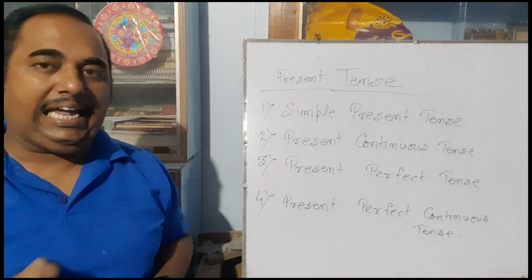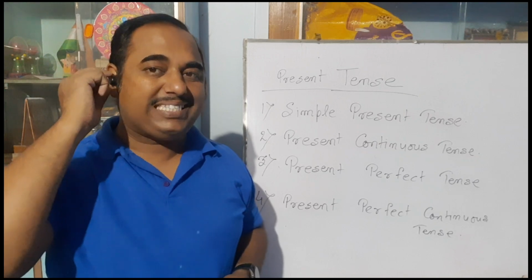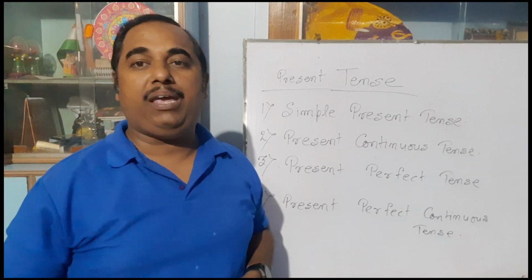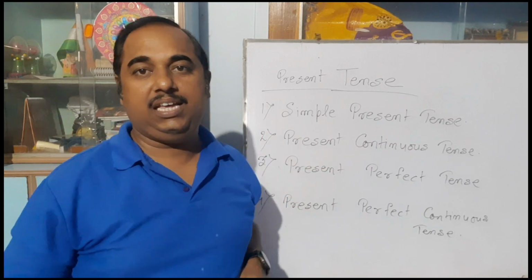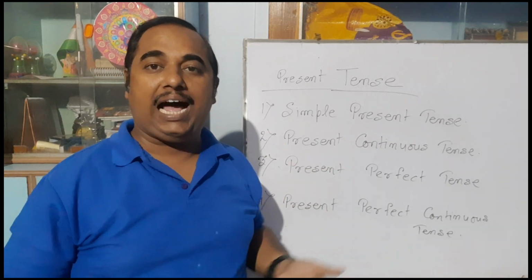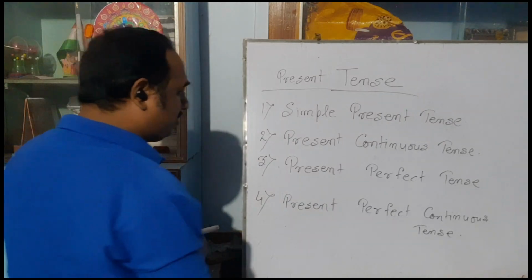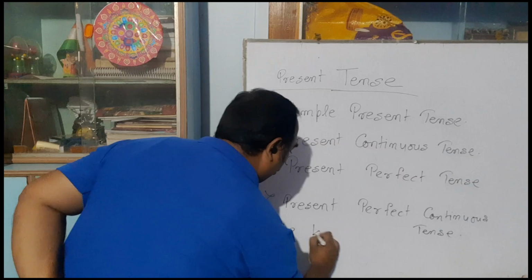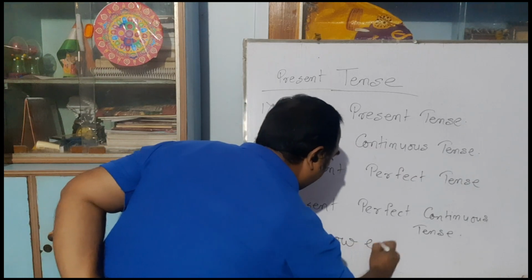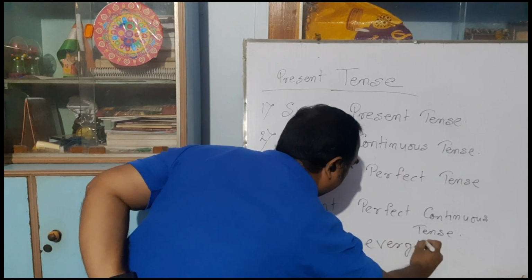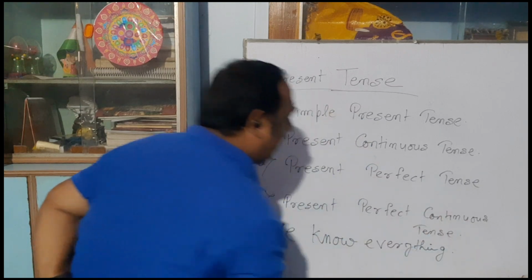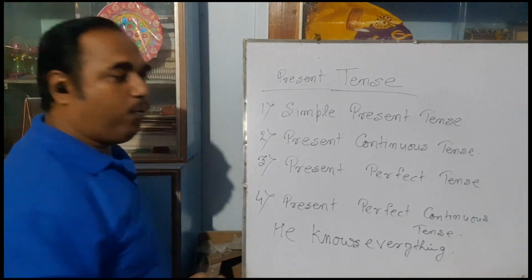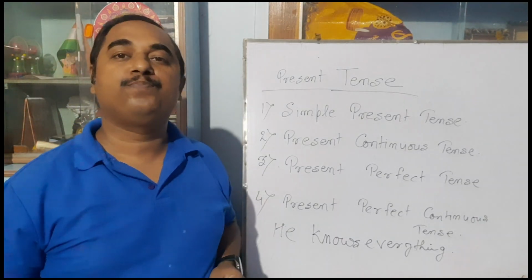Now the question is, if I give you a sentence and ask you which kind of tense that is, how do you recognize that tense? Let's suppose I give you the sentence: He knows everything. Students have the problem that they are not able to understand which tense this is.